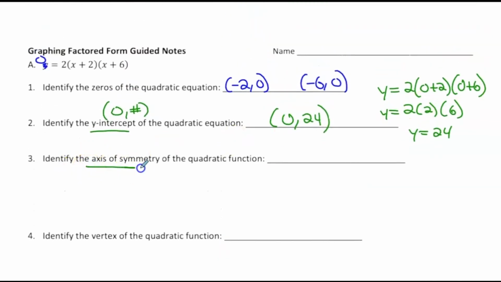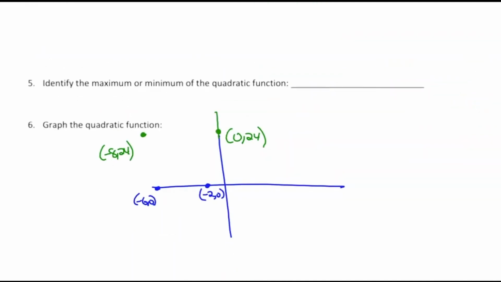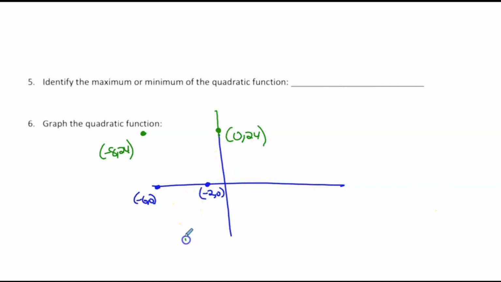We could find the axis of symmetry, so we know the axis of symmetry is in the middle of the two zeros, so the axis of symmetry has to be x equals -4. Once again, it's always helpful to have students write that as an equation, so they know that it's a vertical line at x equals -4.